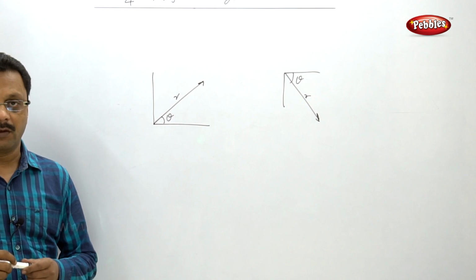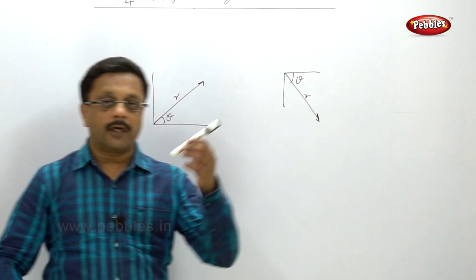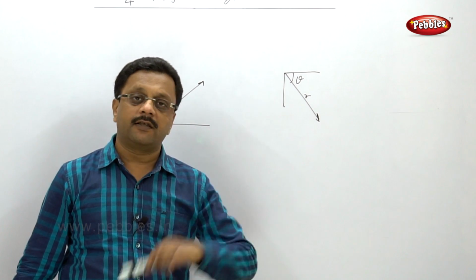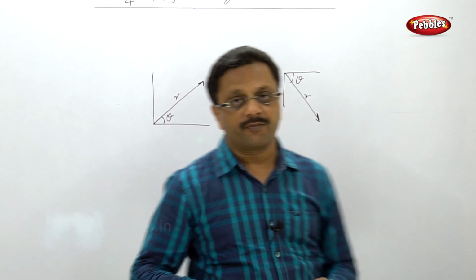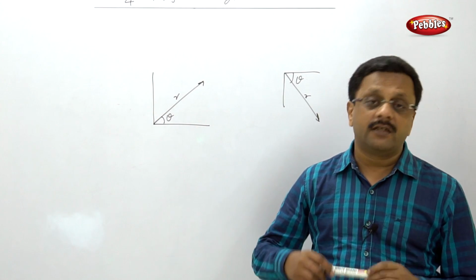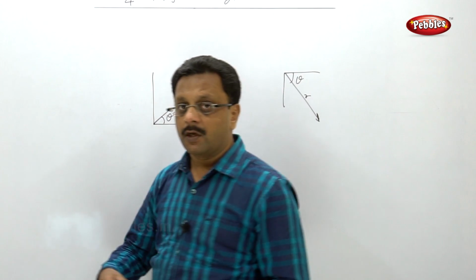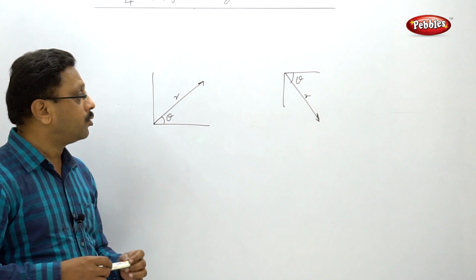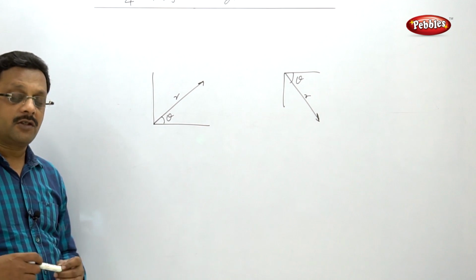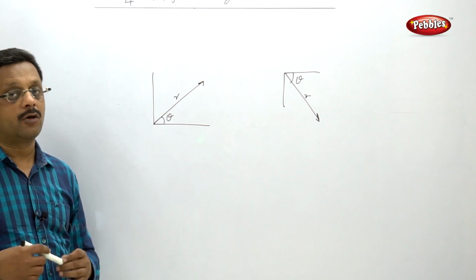How will you find out? It is confusing. The vectors can be like this, like this, like this, in any direction, any angle. In this case, I have seen even engineering students get confused. They don't know how to consider r cos theta and r sin theta as components.